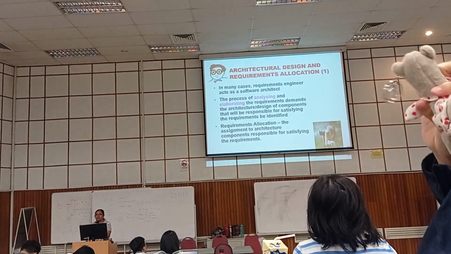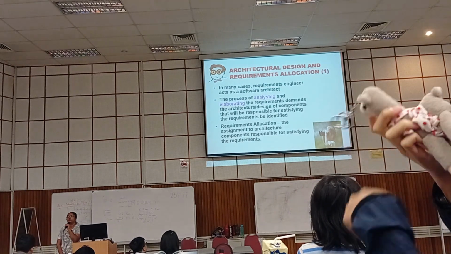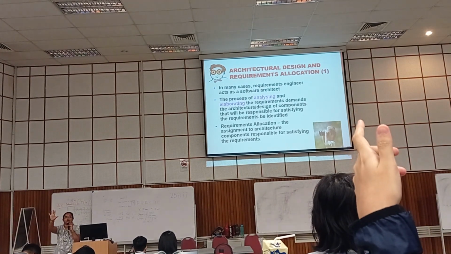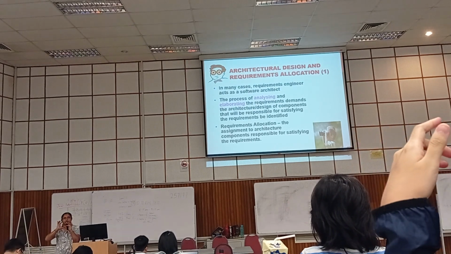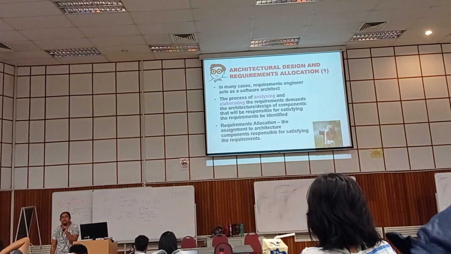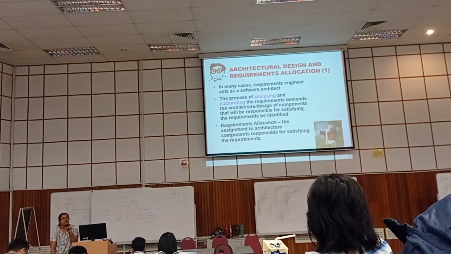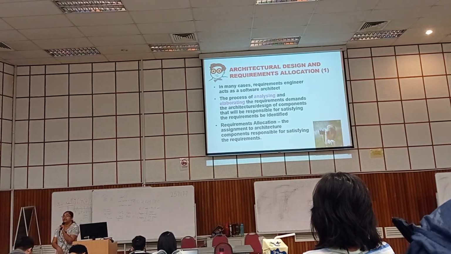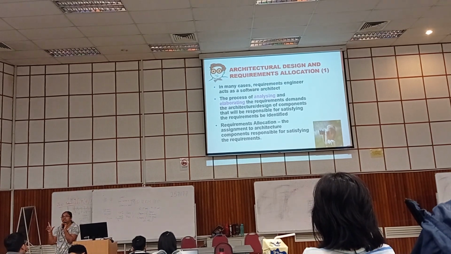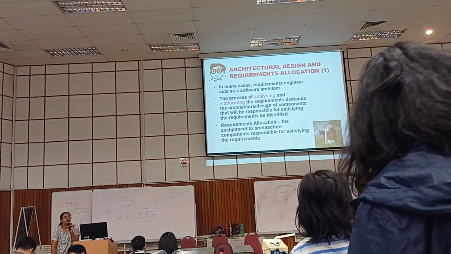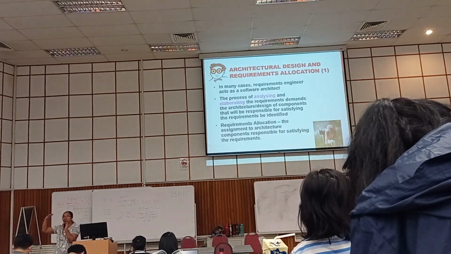What's the meaning of this? What is allocation? Requirement allocation. You have like 100 requirements, still very big for your assignment. Let's say you have about 70 requirements. How do you do the allocation? Anyone? You have 70 to 80 requirements. How do you do the allocation? First, you identify all the main modules, right?